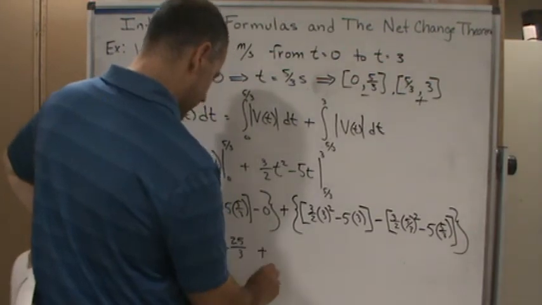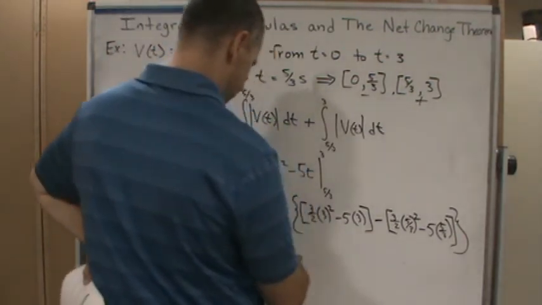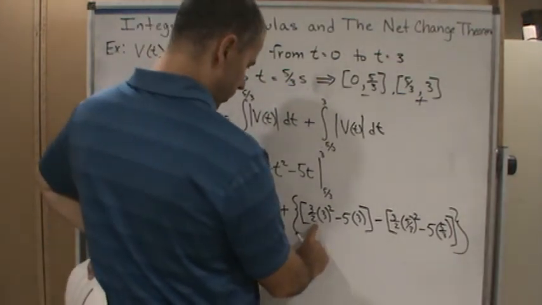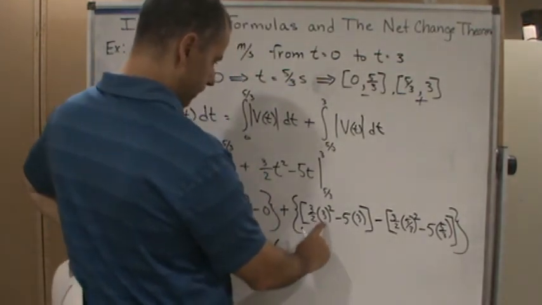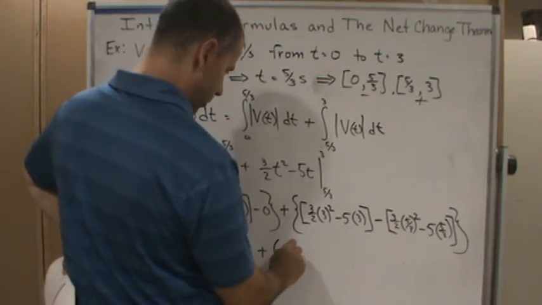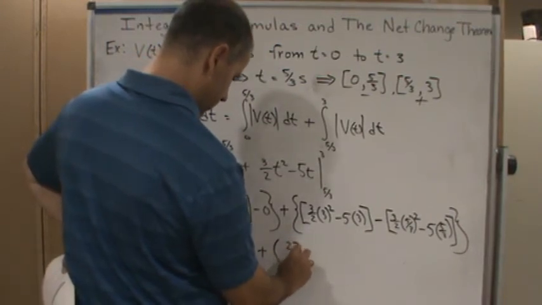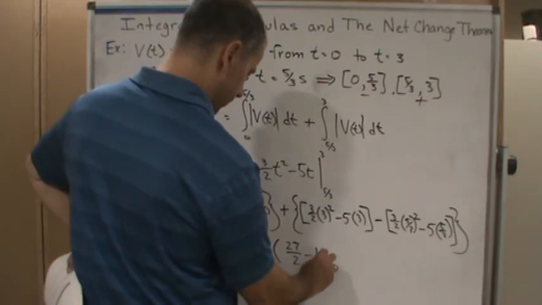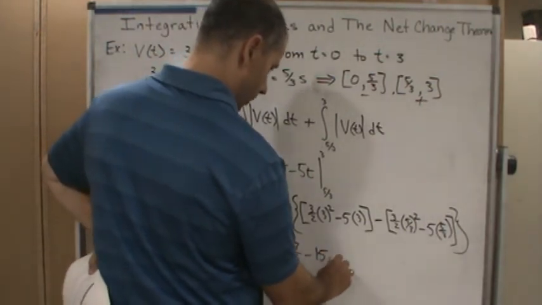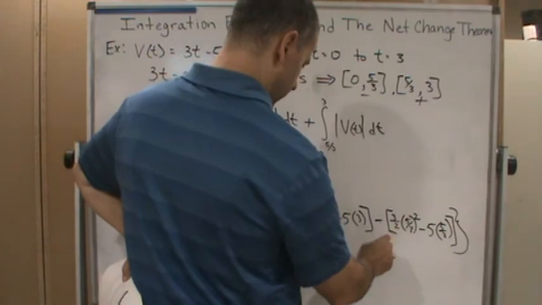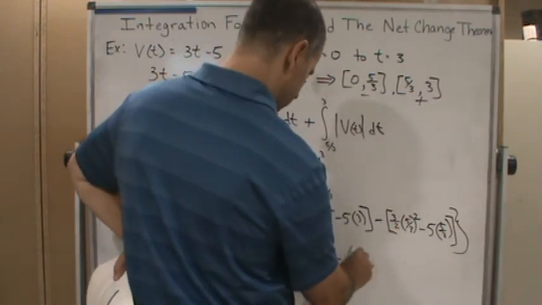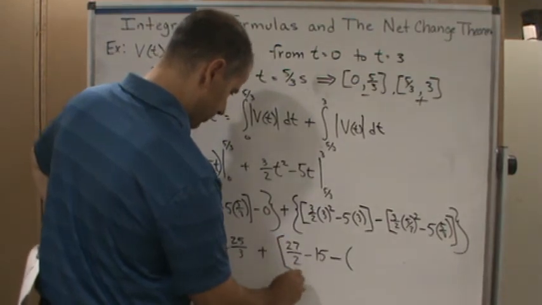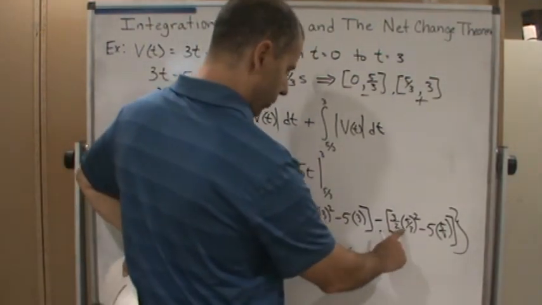Now, plus, now I'm going to take care of this. This is going to be 27 over 2 minus 15. Now, this is going to be minus, so let me put a bracket here, minus this whole thing, which is what?